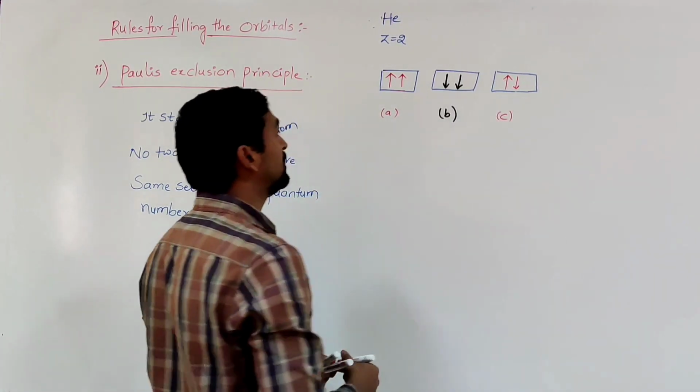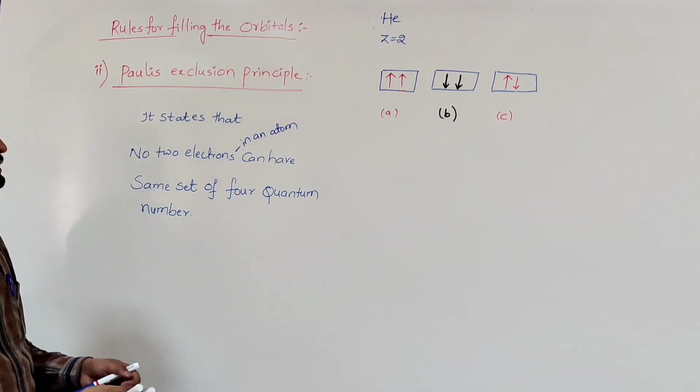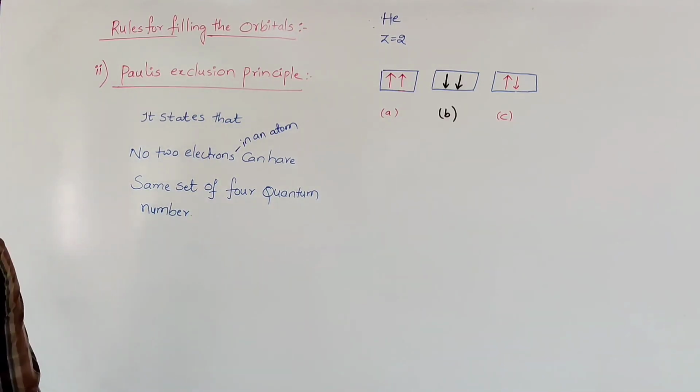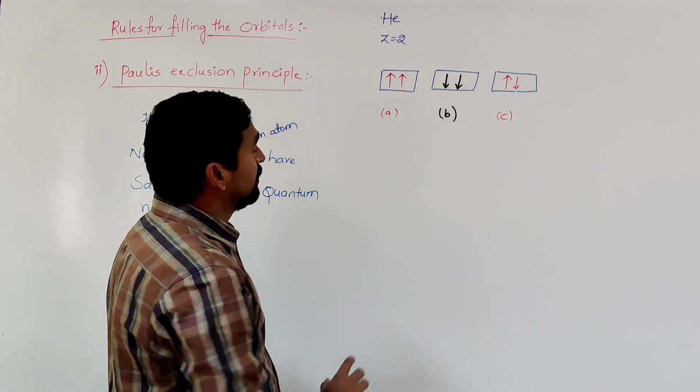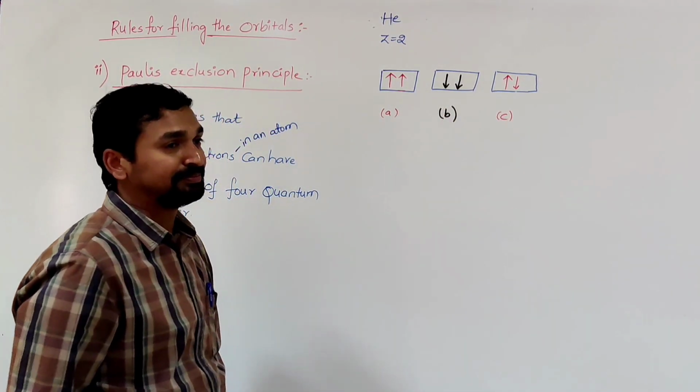So the 3 possibilities of arranging the electrons in the orbital, I can write like that: A, B, and C. Now here, which is the right arrangement of the 2 electrons in the orbital?